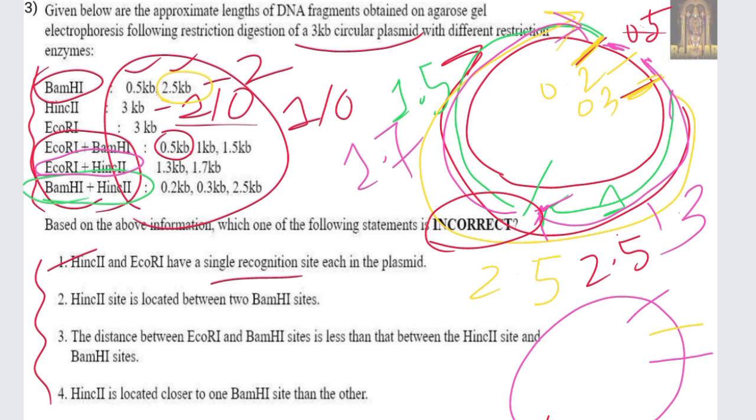That is true. The next one is that the HindIII site is located between two BamHI sites. Yeah, between two BamHI sites. That's true. The distance between EcoRI and BamHI: the lowest distance between them is 1 kb.